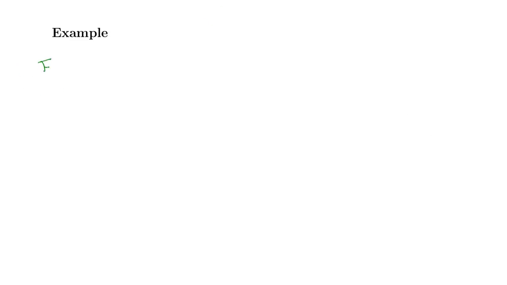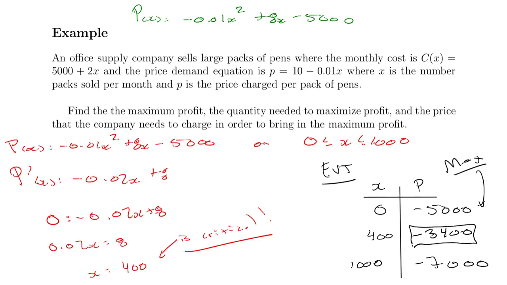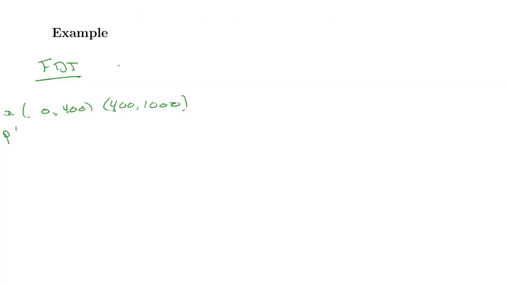So, first derivative test means sign chart. We're going to go from 0 up to 400, and from 400 up to 1,000. And we're going to look at the derivative of our profit function, which is negative 0.02x plus 8. I'll plug in something like 1, and you'll notice that if you plug in 1, you get 8 minus 0.02.